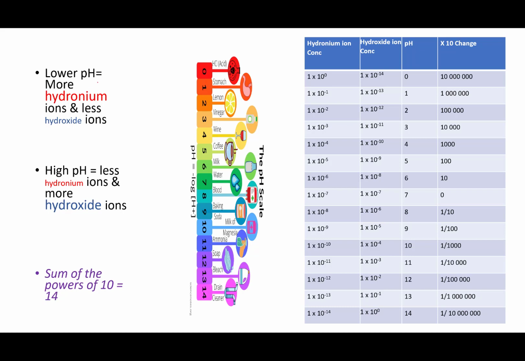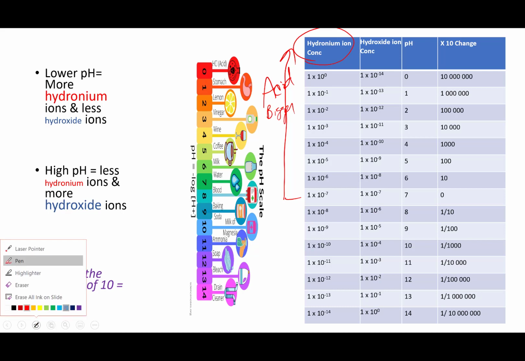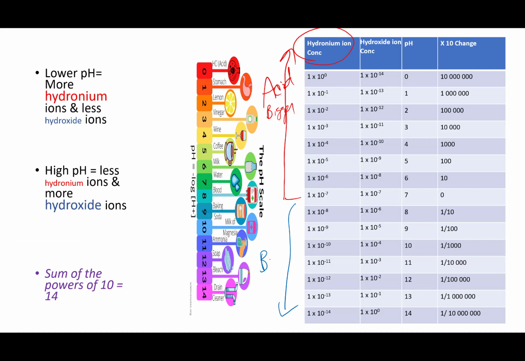So for low pH, they have more hydroniums. So for our acids, they're going to have big hydronium numbers. These numbers are going to be bigger. For our bases, going this direction, the hydroxide ion concentration is going to be bigger. This number is going to get bigger.